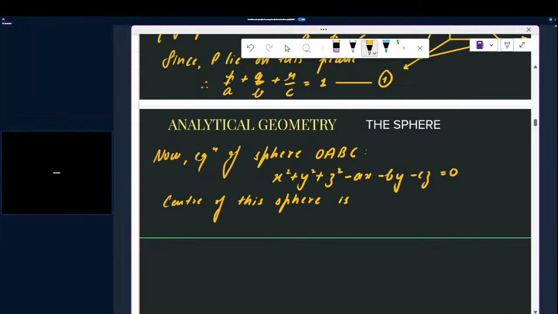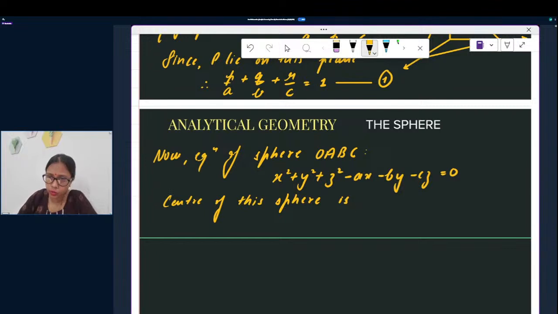Applying that same concept, minus u, minus v, minus w, so what is this going to be? It is going to be a by 2, b by 2, c by 2. See, I have to find the locus of this point. That means this a by 2 eventually is going to convert into x, y, z at the end, right?